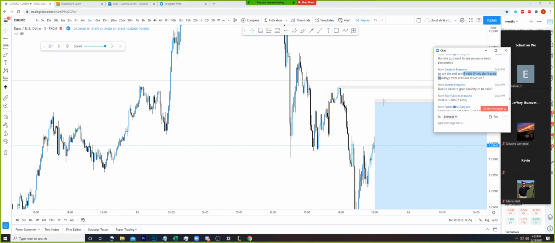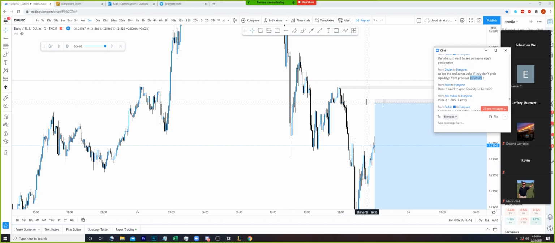So are the S&D zones valid if they don't grab liquidity from previous structure? Yes and no. Like I said, any supply and demand zone that has not been mitigated is valid. Now, the probability of that area being better is going to come from MENTFX block refinement, from structure refinement, from multiple structure refinement, and from Wyckoff down the line.